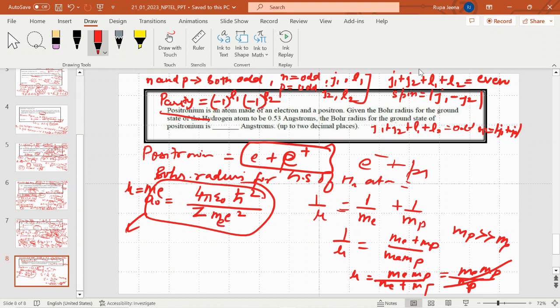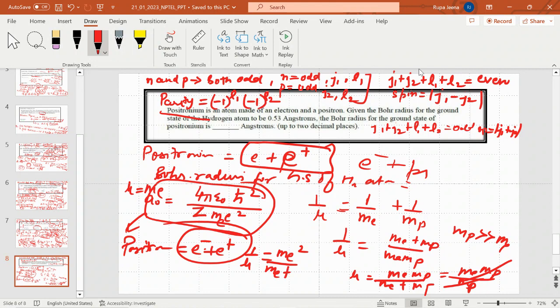But there is a trick in the question, because it is positronium. So for positronium, electron and positron are there. Both have the same mass. So mu is equal to me square upon me plus me, which is me by 2, right?